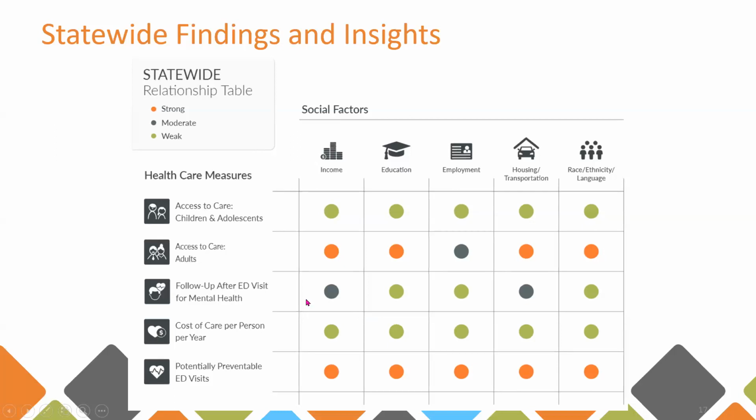For follow-up after an ED visit, there's not as much relationship with the social factors. Income was a little bit more strongly related, as were housing and transportation, but education, employment, and race and ethnicity did not play a factor. Again, cost of care was not at all related, or had a very weak relationship, with all of the factors.